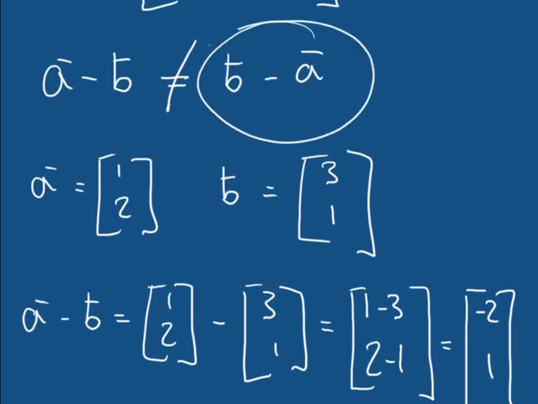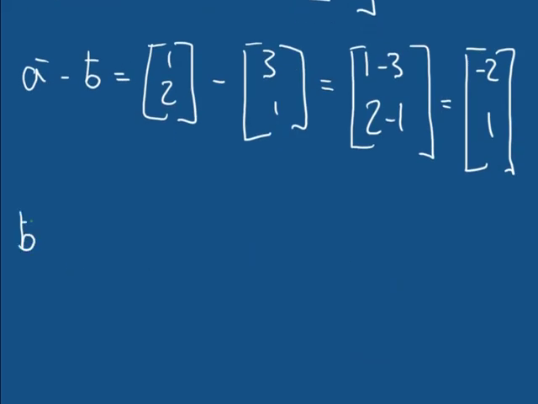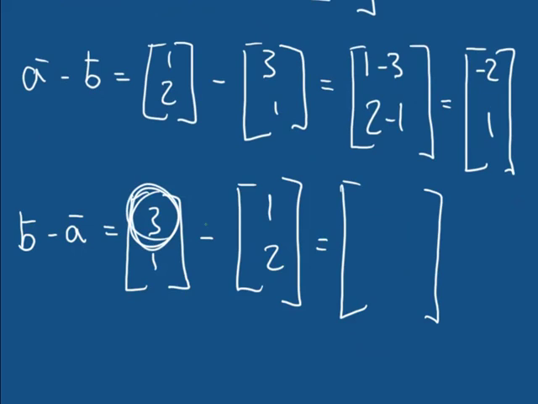However, let's work out what B minus A equals. So B minus A is equal to B first, so (3, 1), minus A, so A is (1, 2). So how are we going to work this out? Well, we take the first component of the first vector and subtract from that the first component of the second vector. That gives us the first component of the result.